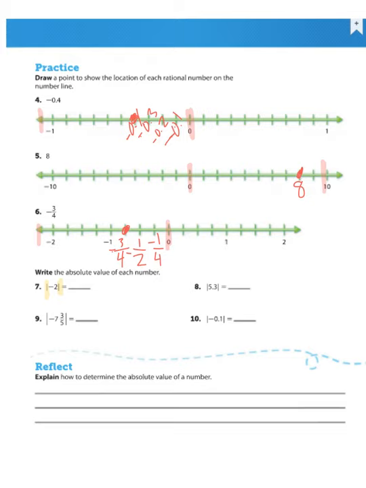So the absolute value of -2 would be a +2. The absolute value of +5.3 would be 5.3. The absolute value of -7 3/5, I'm going to take that negative and turn it into a positive. And the absolute value of -0.1, again, I have a negative number, so I'm going to turn it into a positive. So that would be +0.1.